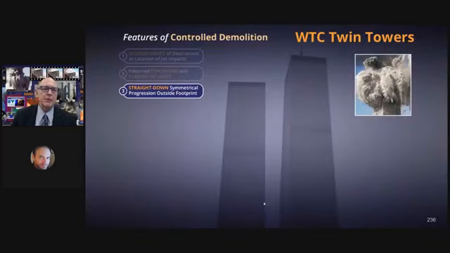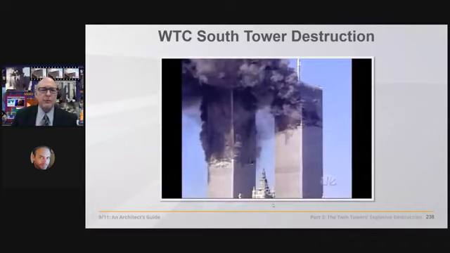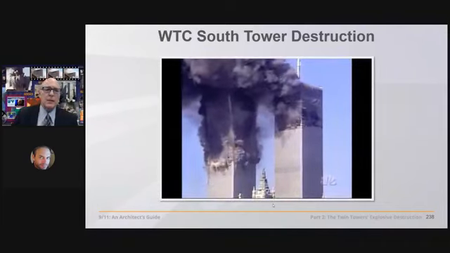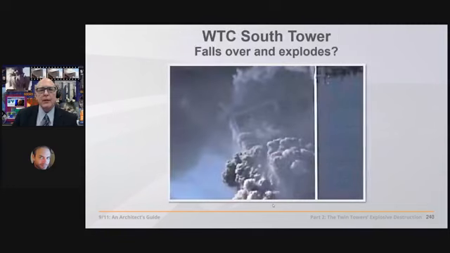Let's jump to feature number 3. Is there a straight down, nearly symmetrical progression outside the building's footprint? Well, let's start with the South Tower. It falls almost 22 degrees off of its axis. This is not symmetrical yet, but wait and see.